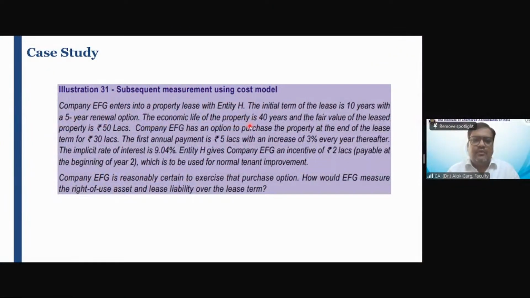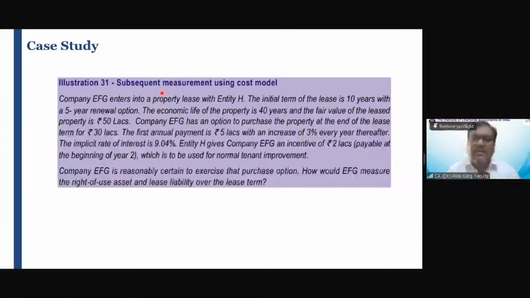Yes. So let's solve illustration number 31. Subsequent measurement using cost model. Just a minute. Let me copy this illustration and take you to the Excel file.